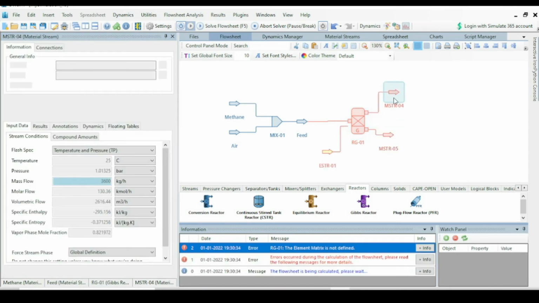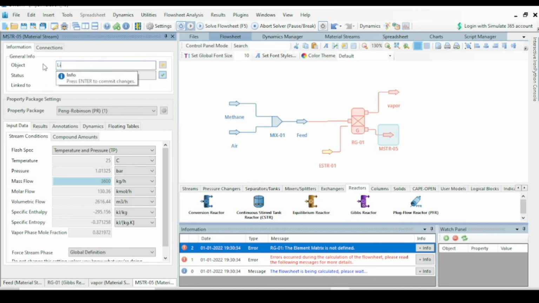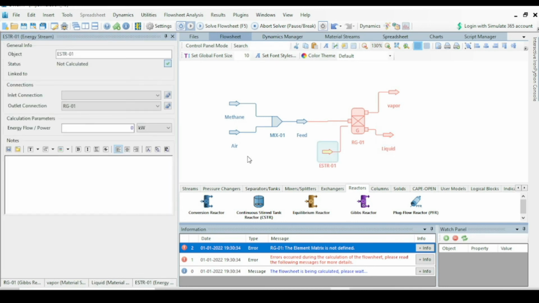Okay, so this one, the material stream 4, I will say the vapor. Material stream number 5 is liquid, and this one is energy.